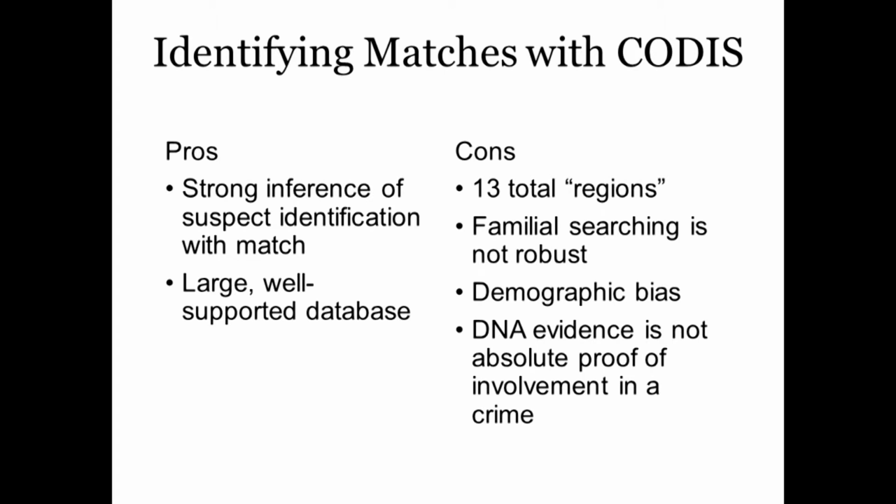Again, noting that the inheritance from parents to offspring can be uneven, I don't necessarily share the same variants as my brother. So if I have my sample on CODIS and my brother has a sample on CODIS, the likelihood that we have identical CODIS markers is very rare. So your ability to identify suspects through family relations is not really a tenable solution for this method.